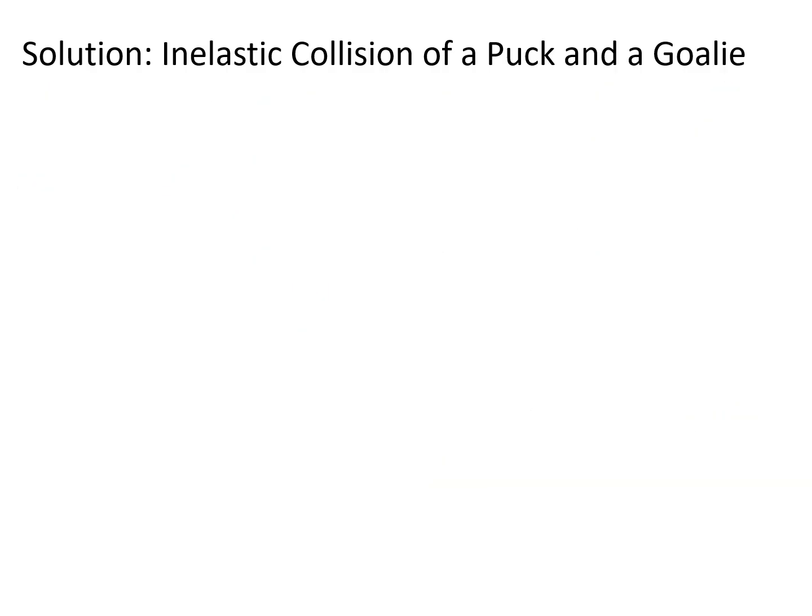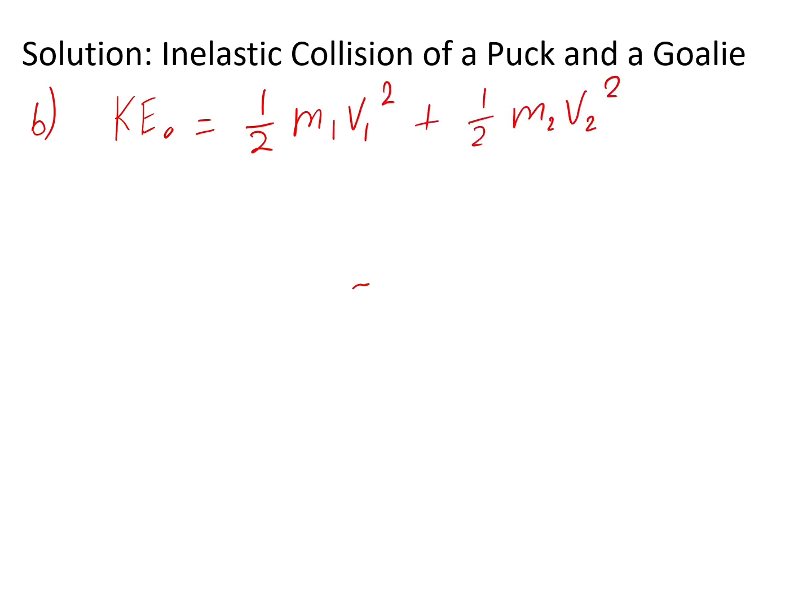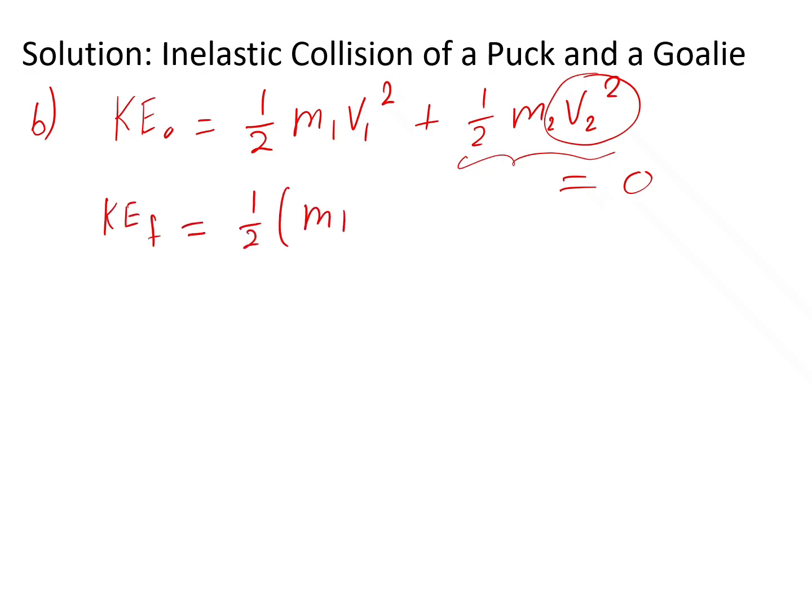For part B, we compare kinetic energy before and after. The kinetic energy before is equal to half m1 v1 squared plus half m2 v2 squared, and since v2 is 0, this part is 0. The final kinetic energy is given by half times m1 plus m2 times v final squared.